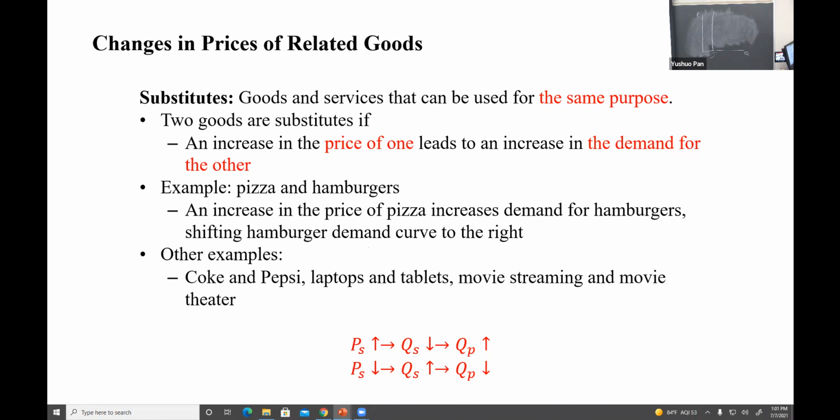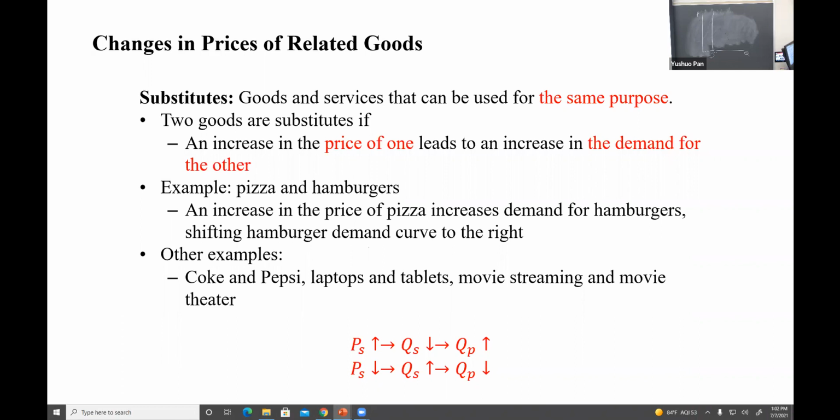So when the price of substitutes goes up, then the quantity demanded for the substitute good will go down. Again, for the demand market, the relationship between price and quantity will always be negative. And for this one, it's the price for that product, and that's the quantity demanded also for that product. It should be always negative. So price goes up, quantity goes down.